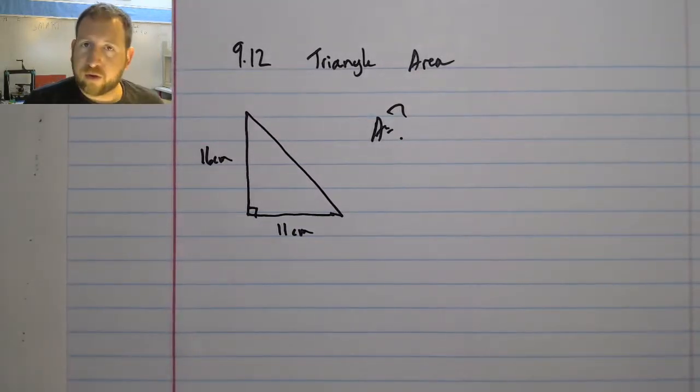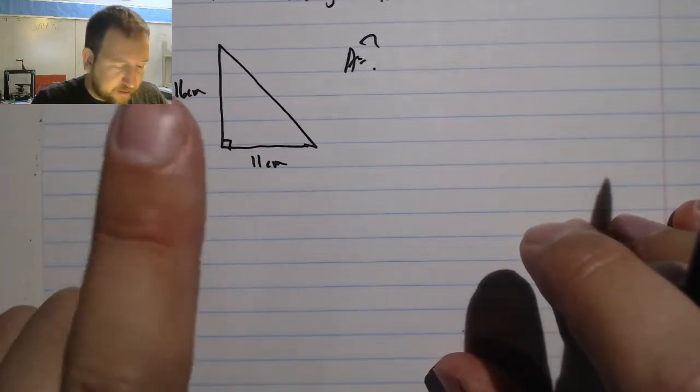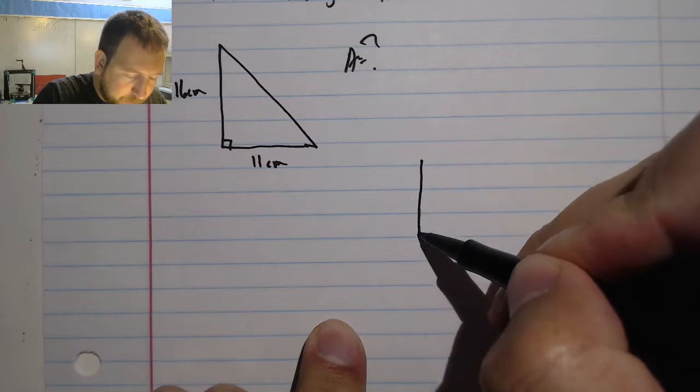Well, the area of a triangle is actually very closely related to a parallelogram. Let me show you what I mean by that. Say that I take this triangle right here. I'm going to redraw it as a parallelogram.